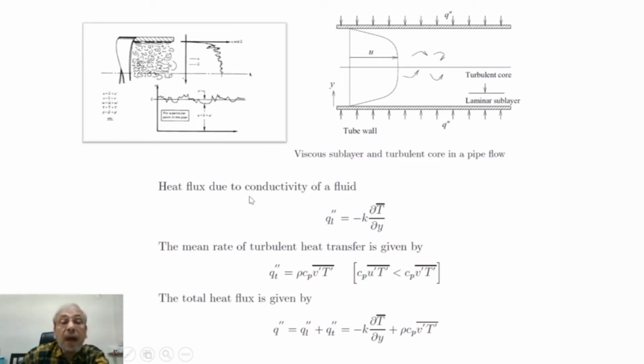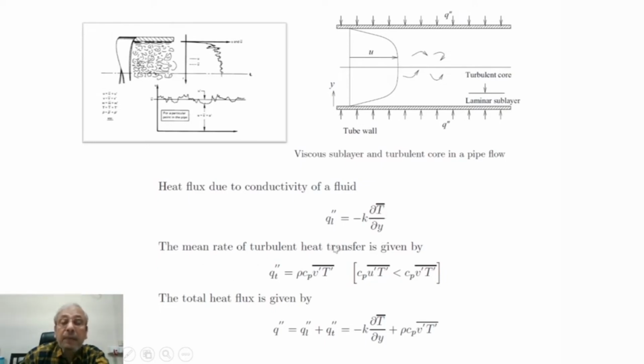Now, heat flux due to conductivity of the fluid, purely the thermal conductivity of the fluid, very close to the wall where the effect of turbulence is not felt, we can write q_L double prime equal to minus k del T bar del y.